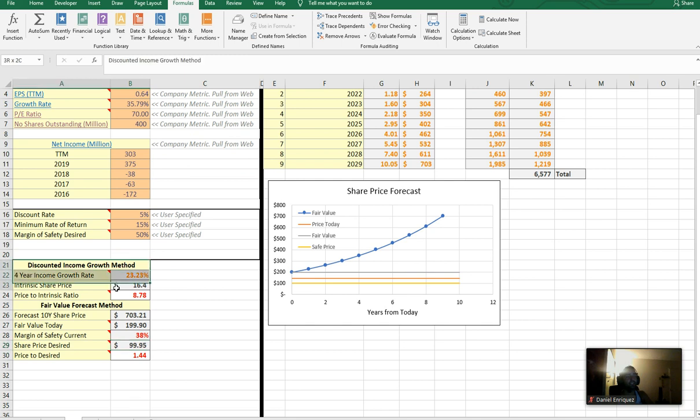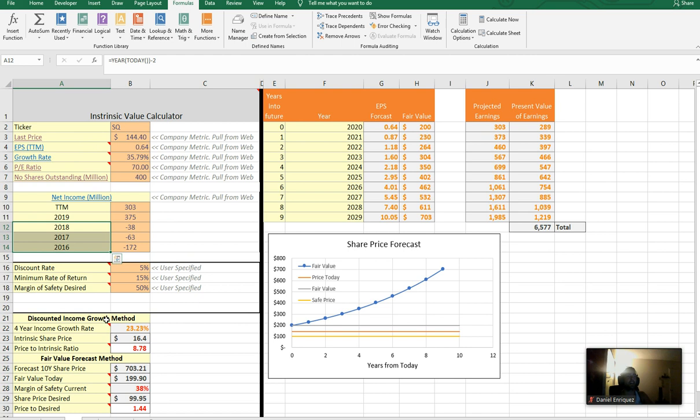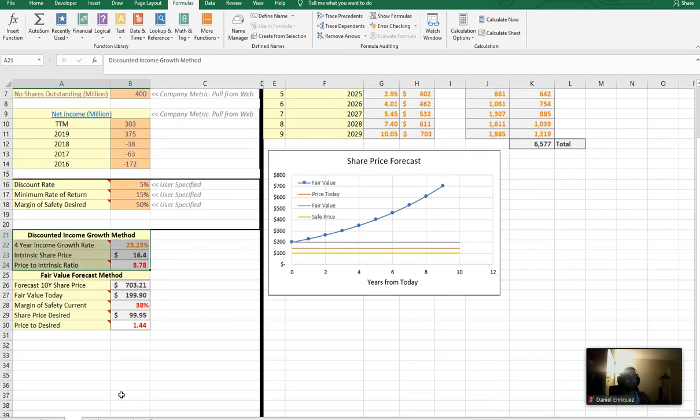The discounted income growth method doesn't work so well for this stock because the income growth rate is based on the net income, and it's had some negative net incomes for the years 2016 to 2018. So I wouldn't trust this first method for any companies that have negative earnings. I would use the second method.